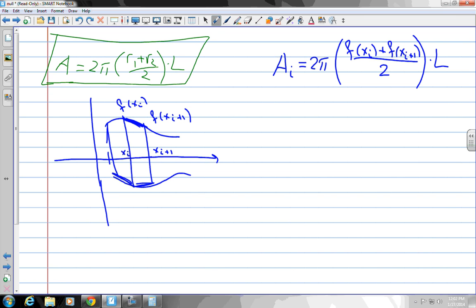Now the length is this, and when we're going to start integrating, we already have a nice way to figure out the arc length, right? There's a nice way to manipulate that.